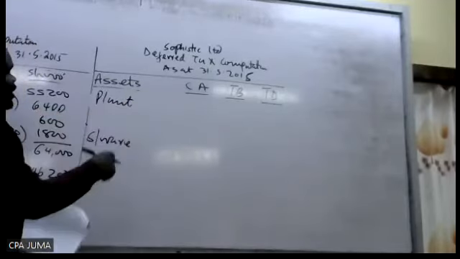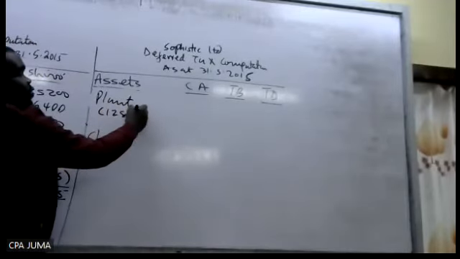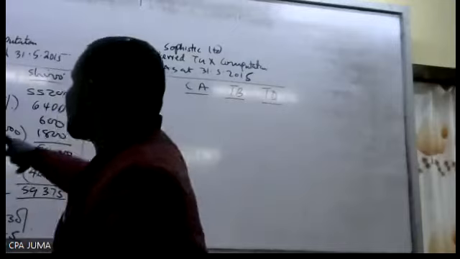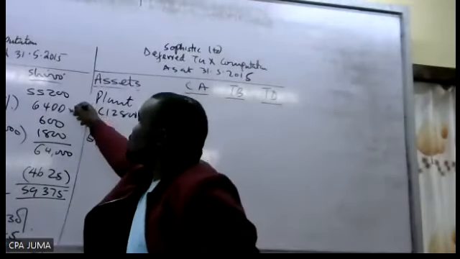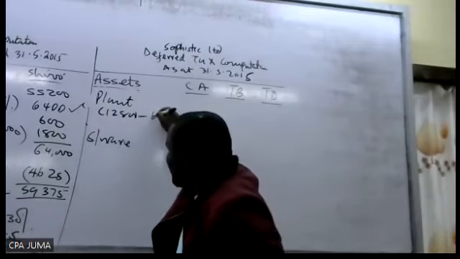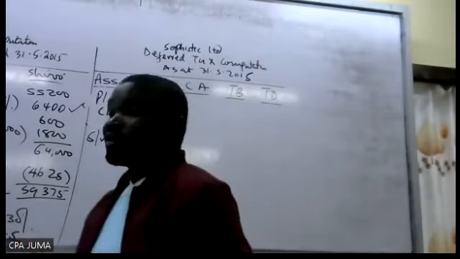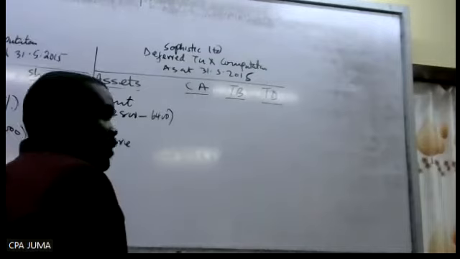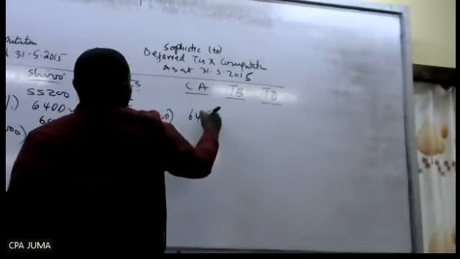So take that 12,800 because 12,800 was for 2014. Then subtract depreciation in 2015. What was our depreciation? 64. So subtract 64.